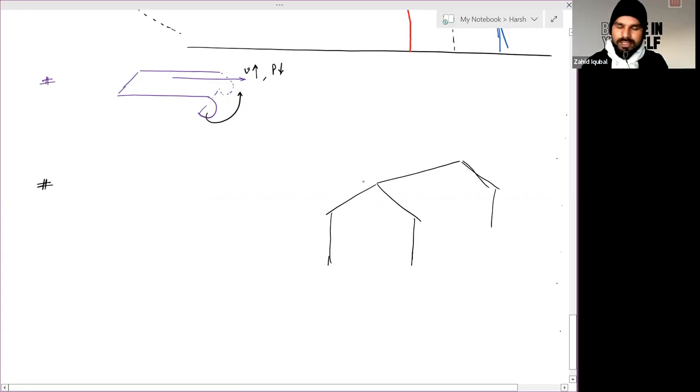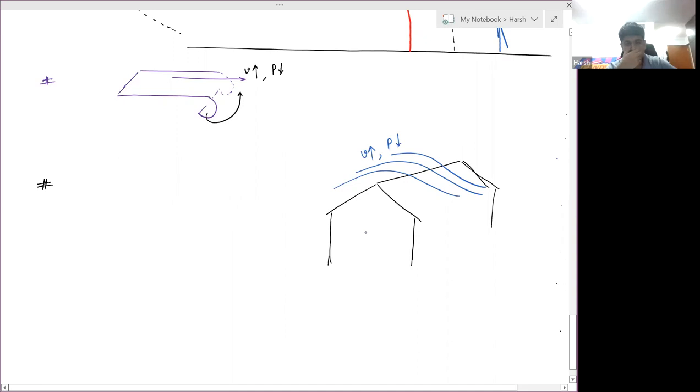Suppose air outside may go along this way, this way, this way. So velocity outside will increase and consequently pressure decreases. Inside there is no movement of air, so velocity will be zero. Pressure will be due to the air inside, that will be atmospheric pressure, so it will be just P naught.